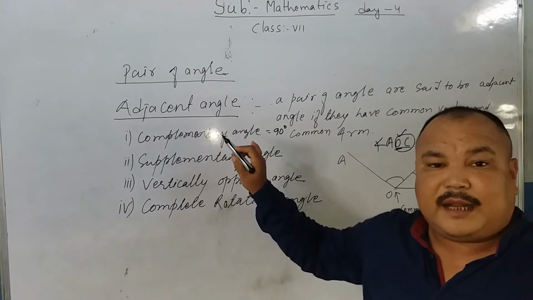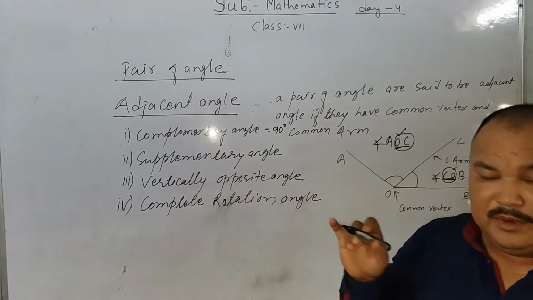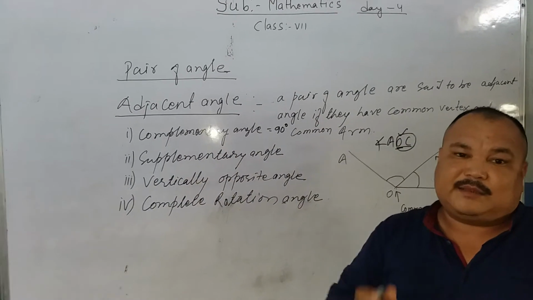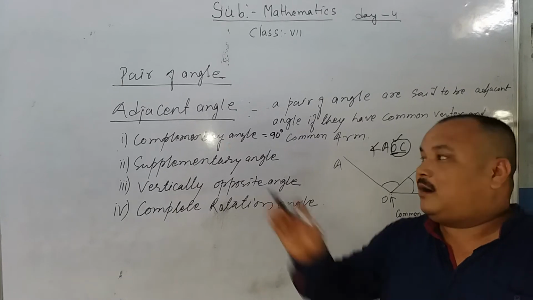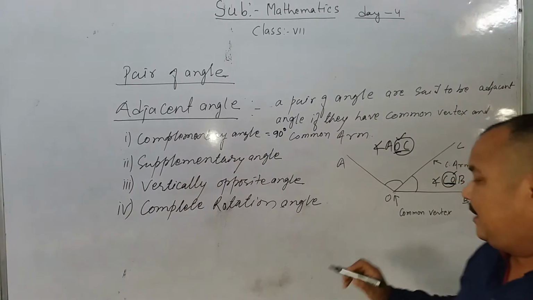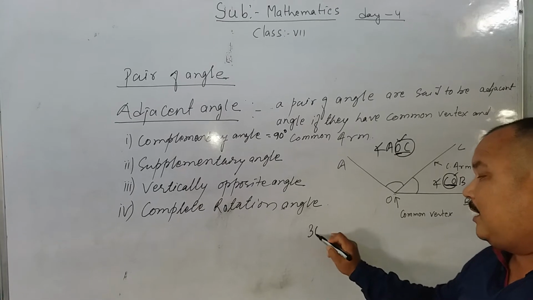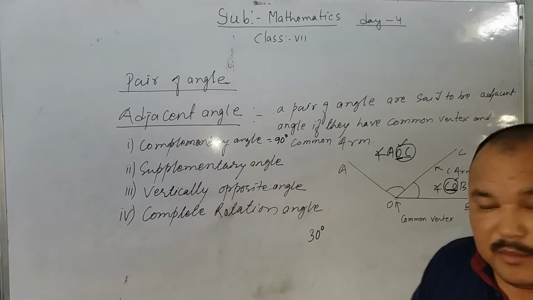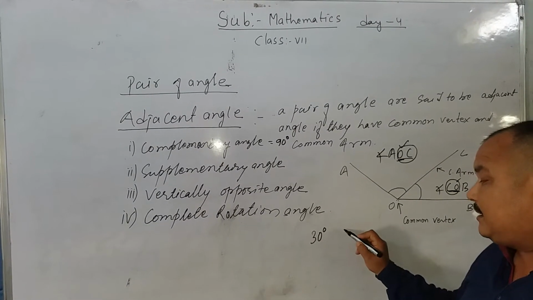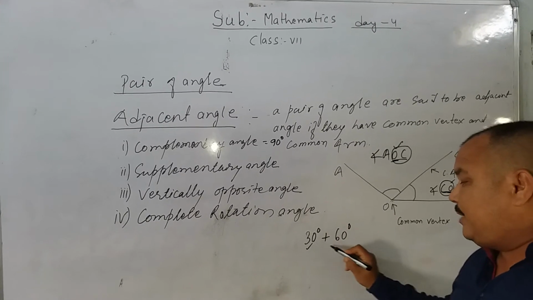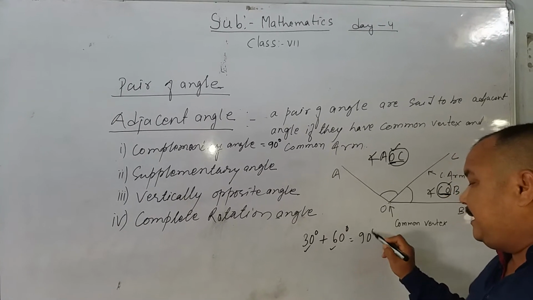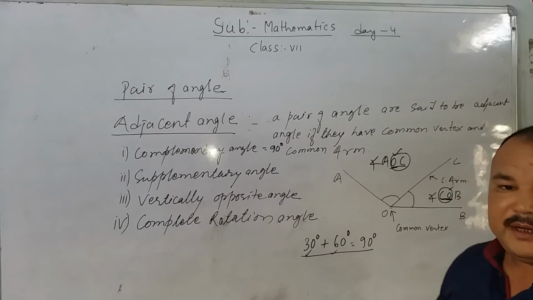Complementary is the name for angles, not a single angle. It needs a pair to make a complementary. So if one angle is 30 degrees, formed at a common vertex, and another angle is 60 degrees, formed at the common vertex, and the sum of these two angles is equal to 90 degrees, that is complementary angles.